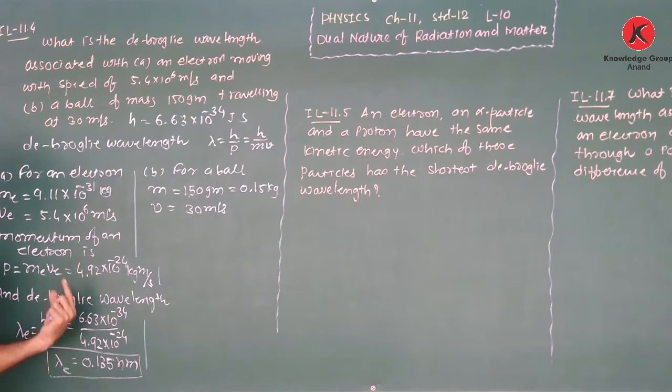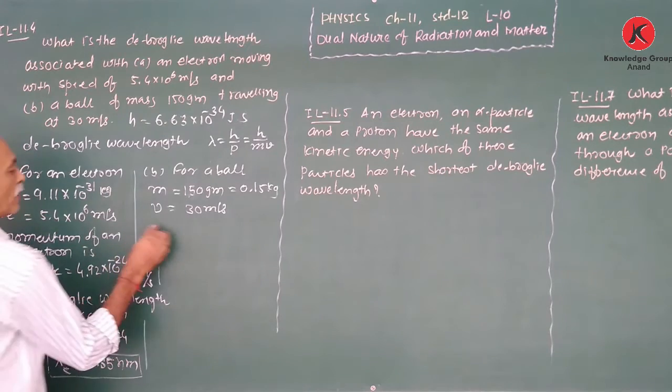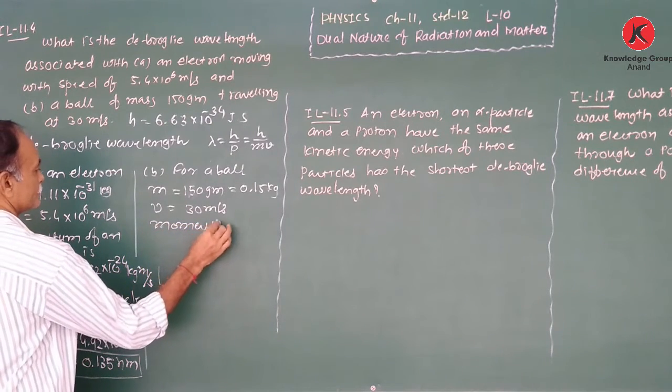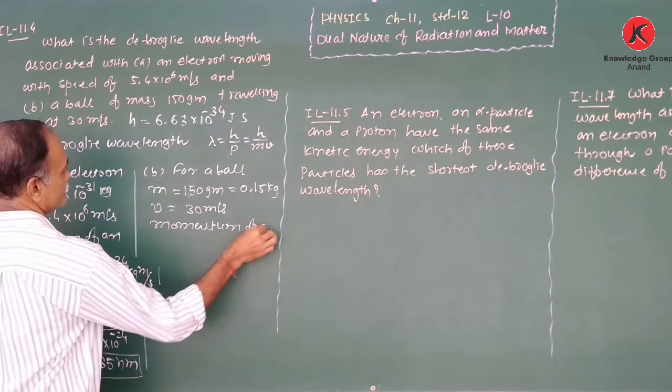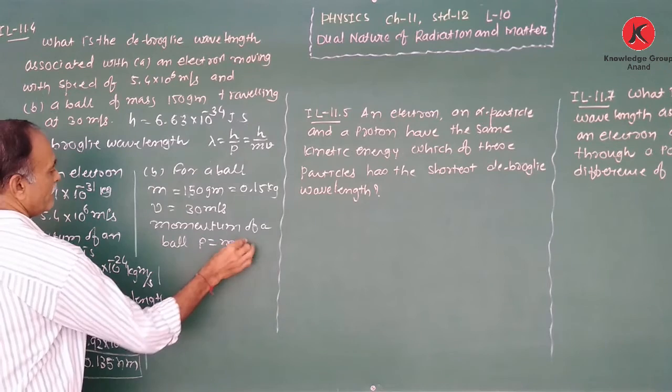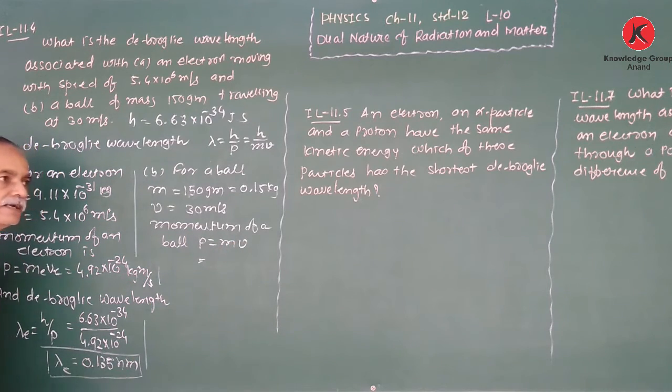In the same manner we can calculate the momentum, and then we directly substitute the value of momentum. Momentum of a ball, p is equal to mv.